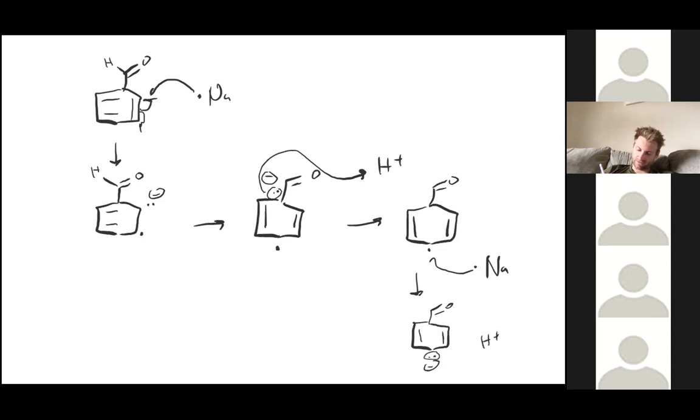We can pick up an H+. And now we get a different looking non-aromatic compound.